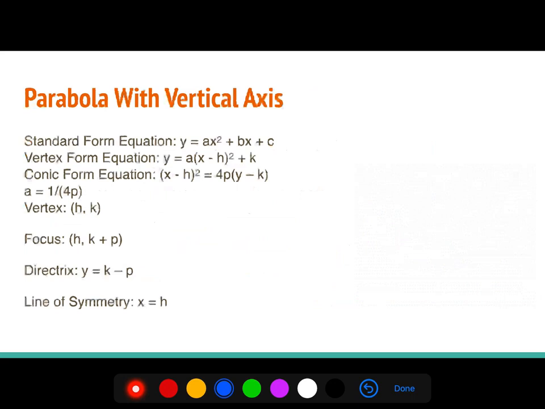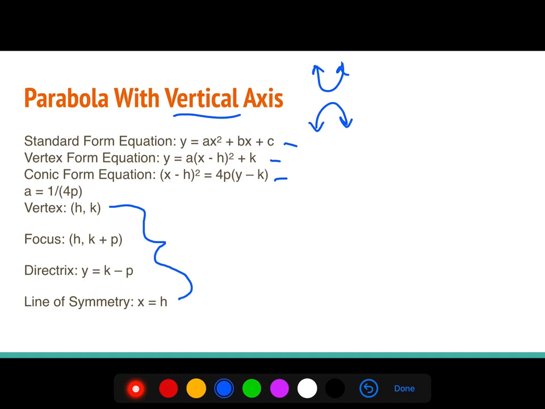We also know our axis of symmetry goes right down the center because we have a vertex right here, and our axis of symmetry chops our parabola down the center. If our parabola is like an upside down U or a right side up U, one of these, it's a vertical axis.